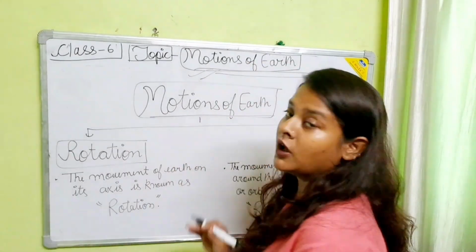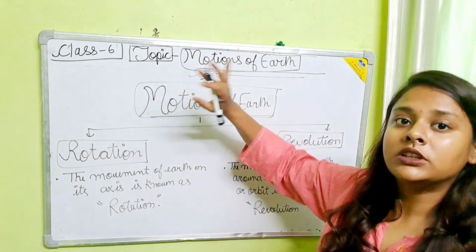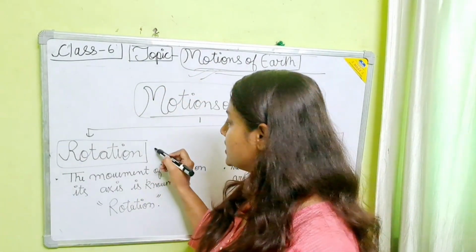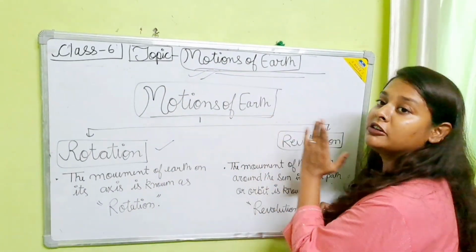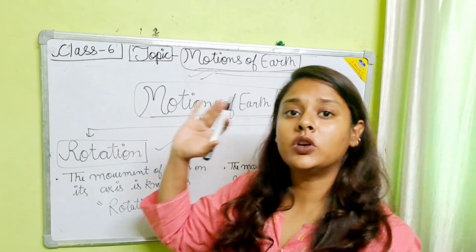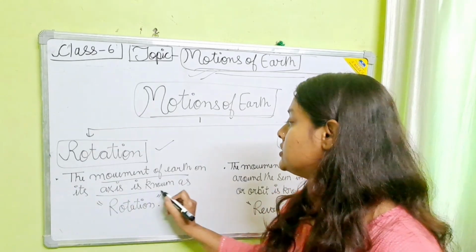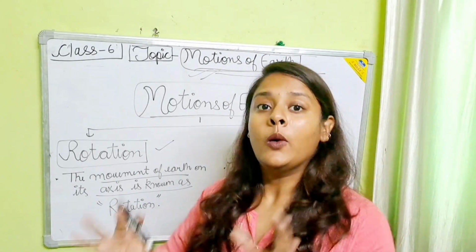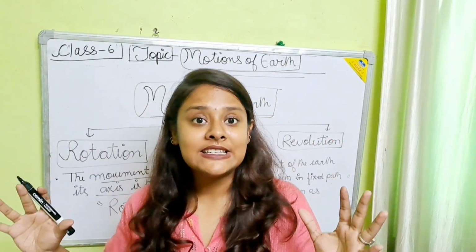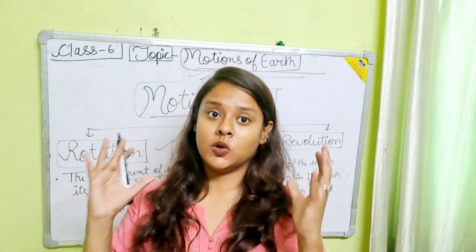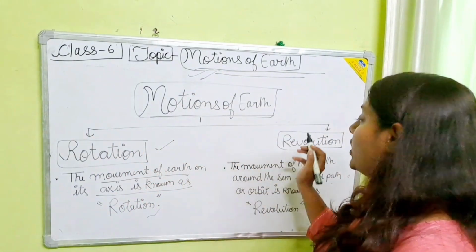Motions of Earth. When we talk about motions of Earth, they are of two types. First is rotation and the other one is revolution. What does rotation mean? The movement of the Earth on its axis is known as rotation. When the Earth moves on its axis, or rotates on its axis, it is known as rotation. And what is revolution?